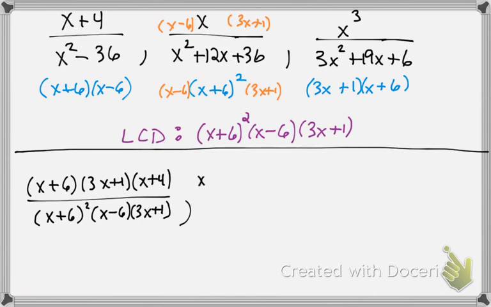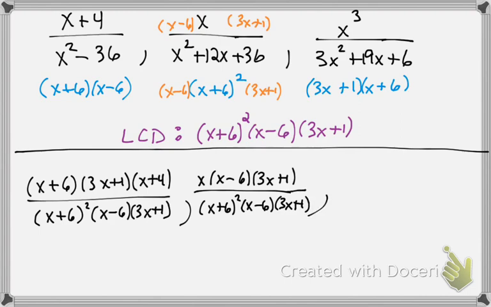So we've got x minus 6, 3x plus 1 over x plus 6 squared, x minus 6, 3x plus 1. Again, do you guys see how I identified what was missing to rewrite it in terms of the common denominator?